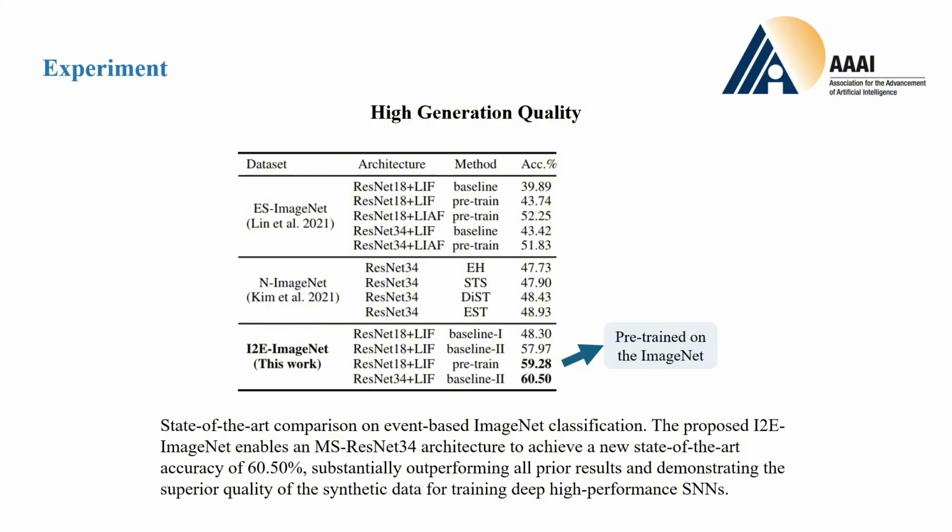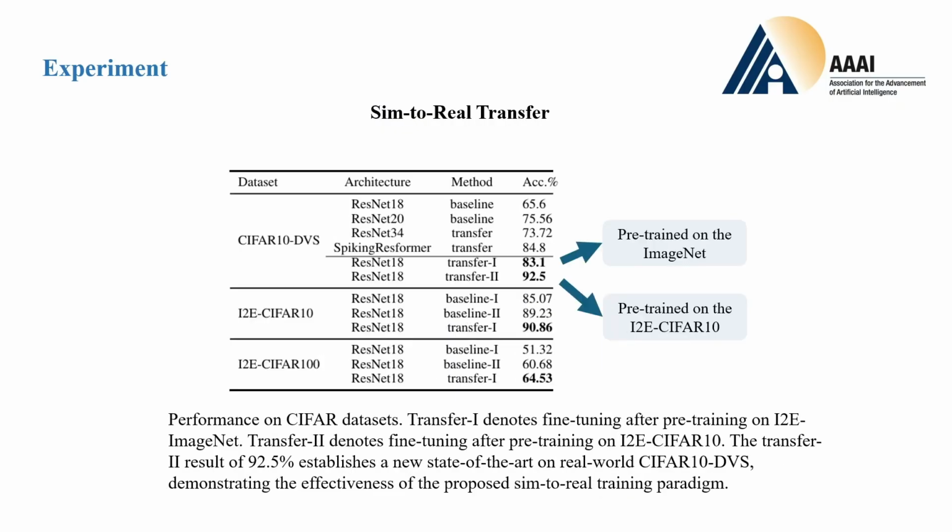We achieved a top-1 accuracy of 60.5%, which significantly outperforms all previous baselines, establishing a new state-of-the-art in this domain. This demonstrates that our synthetic data is not only fast to generate, but also rich in useful features required for complex classification tasks.